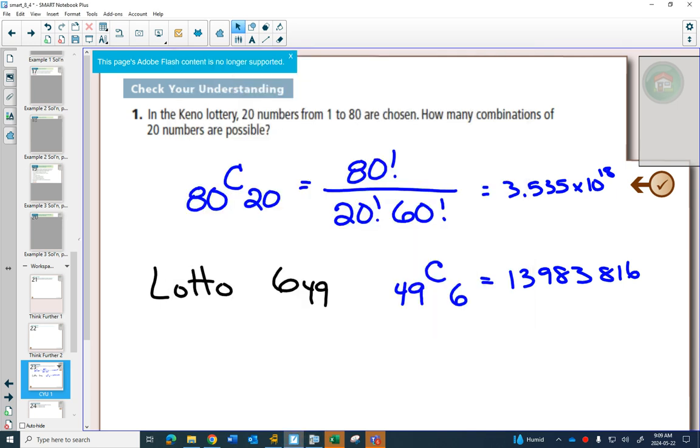But what happens is when the prize gets big, the bigger the prize, the more people are buying tickets, right? They had a Powerball in the United States a couple of years ago. How big was the prize? It was like $1.6 billion. American, too. That's a lot of money.